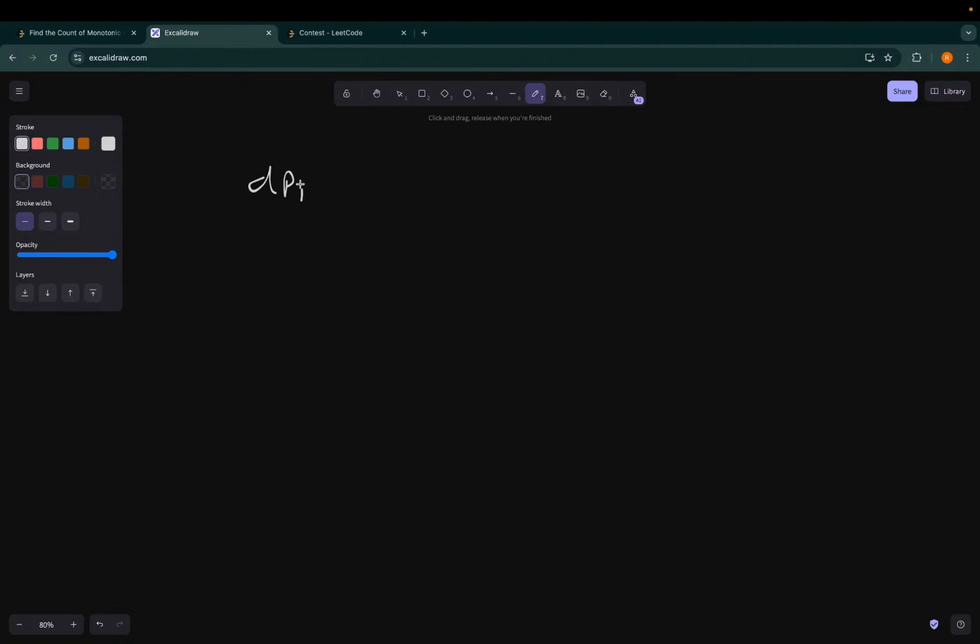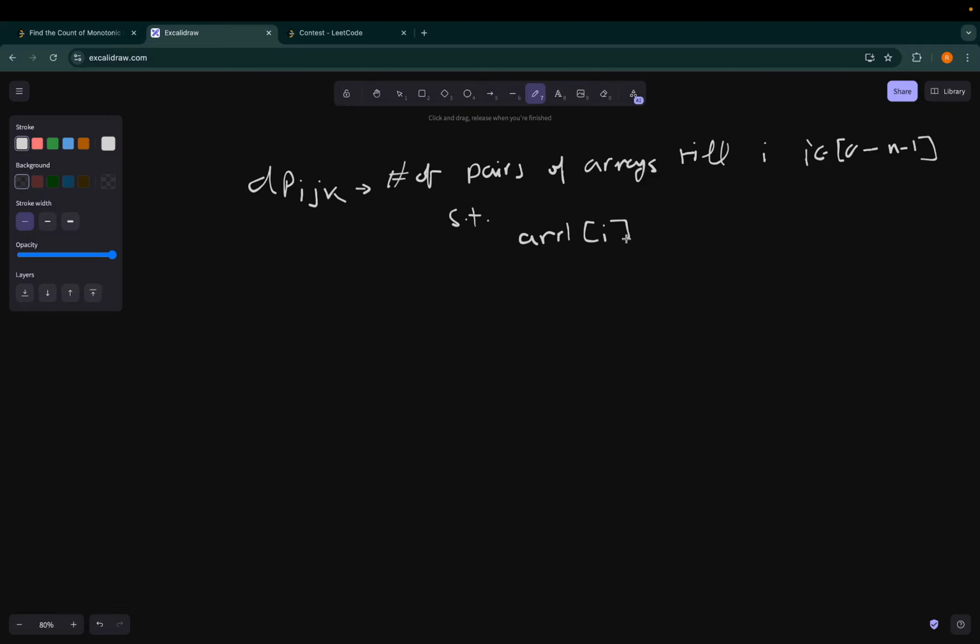Let's say my dp of i, j, k is the number of pairs of arrays till index i, basically i belongs from 0 to n minus 1, such that your array 1 of i is j, and array 2 of i is k. Okay, this is your dp.